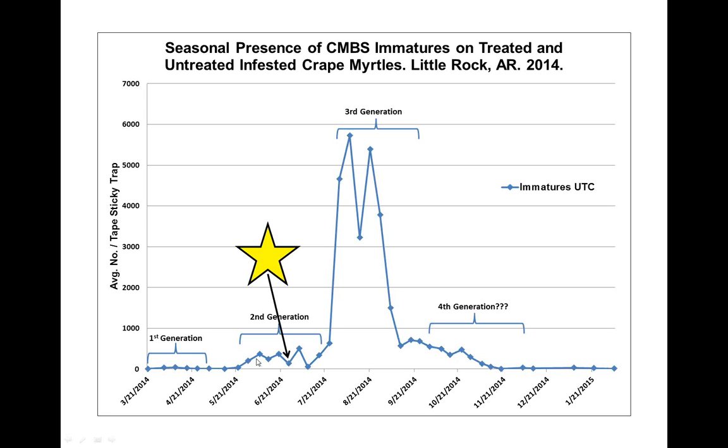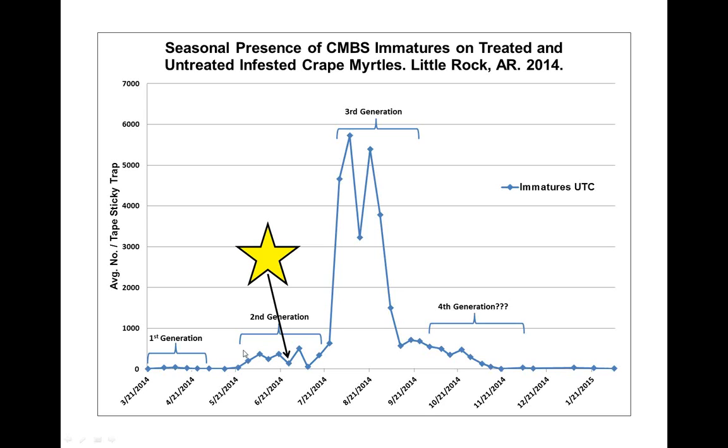Now, with the knowledge of the first generation, would you move the application maybe back in March? Not really, because there wasn't enough to really be doing anything. There wasn't enough to make honeydew for sooty mold to start at all. And we didn't know what was happening here.